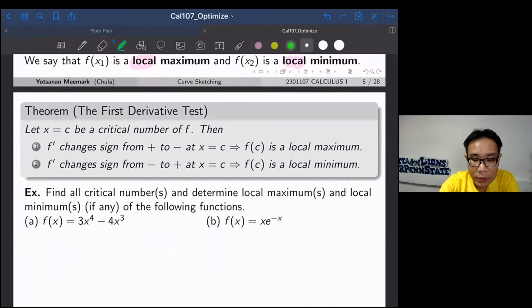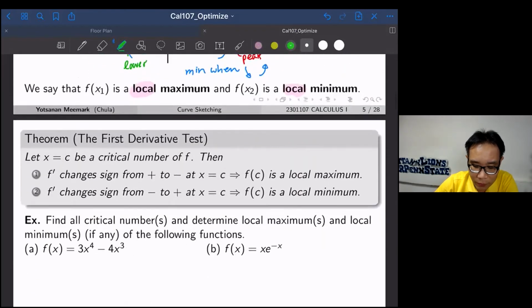The thing that we shall use for testing local max and local min is to check the sign. If the sign of f prime changes from positive to negative at x equal to c, you can conclude that it's a local max.